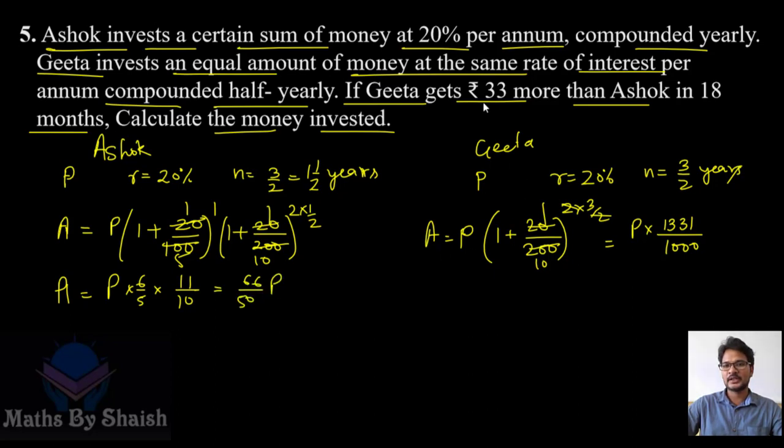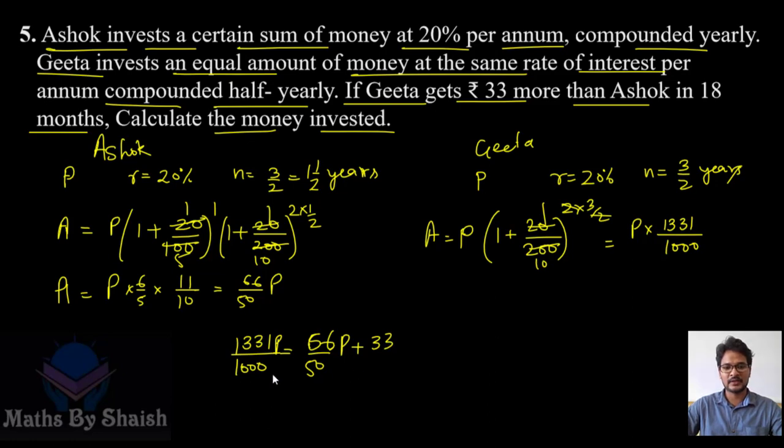According to the question, Geeta gets 33 rupees more. So it means 1331 over 1000 P is going to be 66 over 50 P plus 33 more.